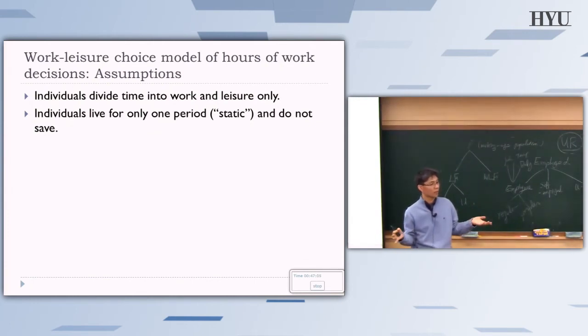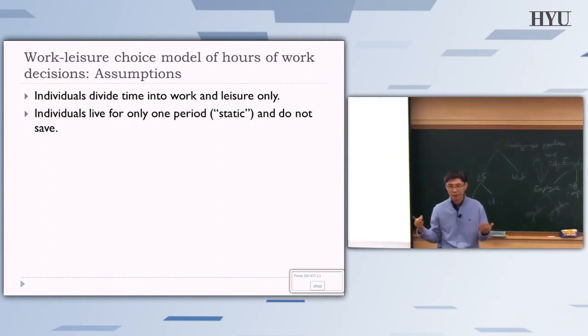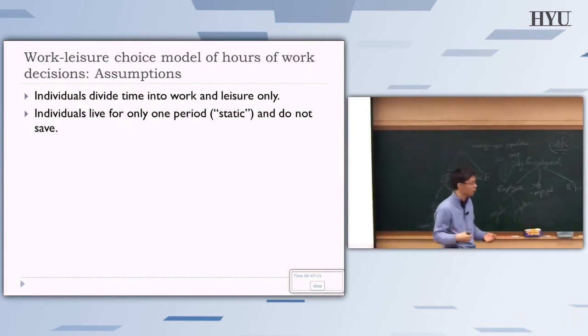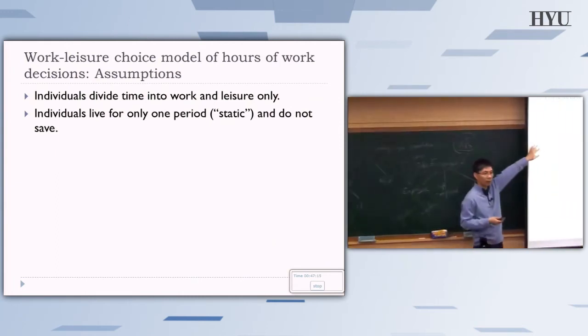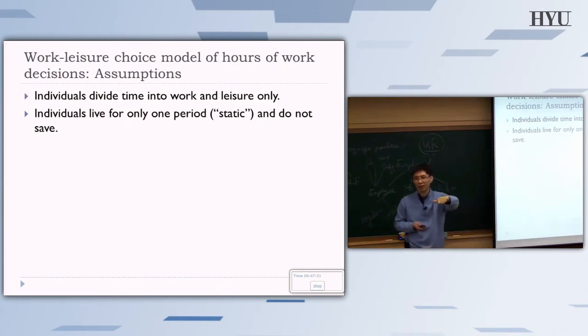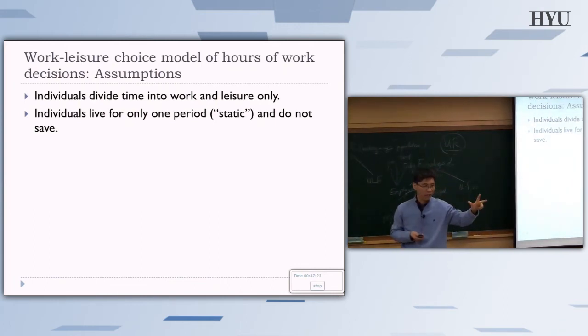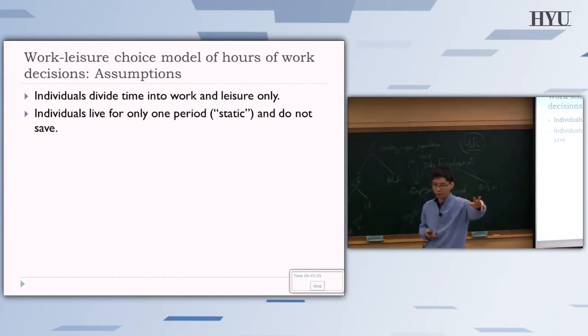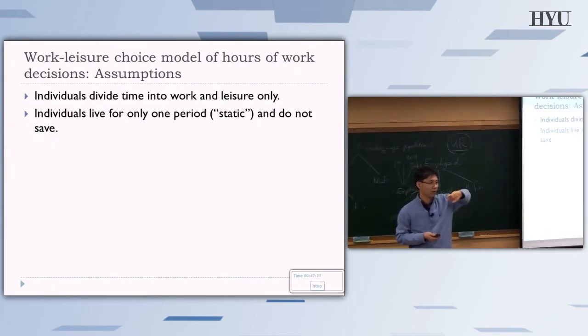Then we call it a life cycle model. We can even have children, but that makes things really difficult. So in the very basic model, we don't need anything like that. Only one person lives this period and dies, and does not think of the future, or of what happens after I die. So spend everything.